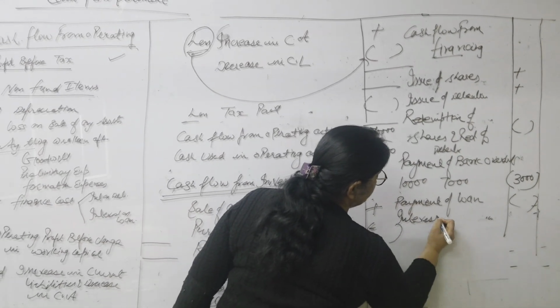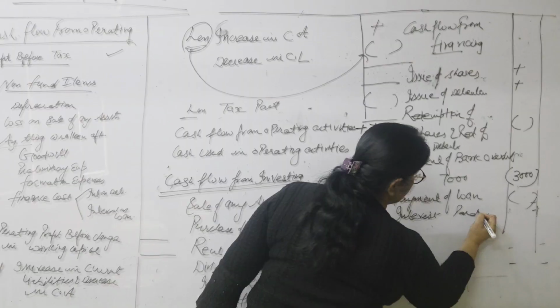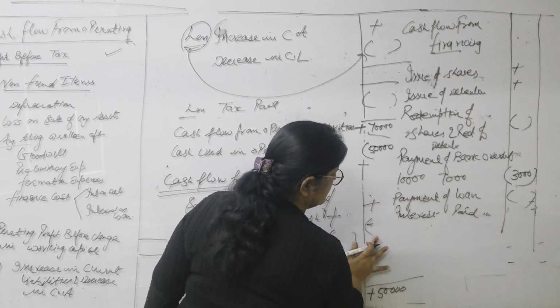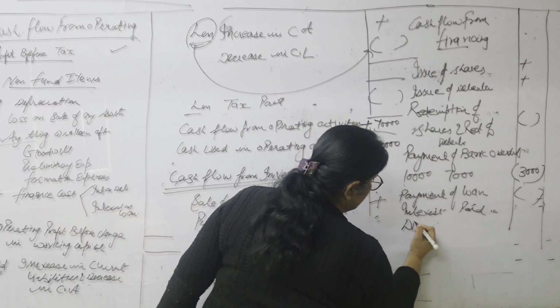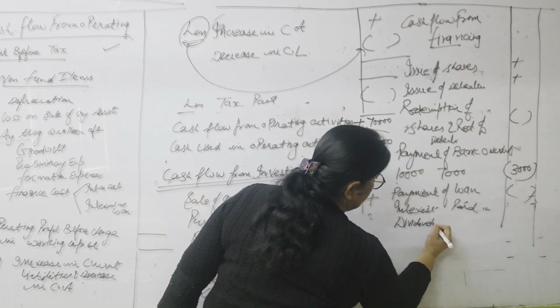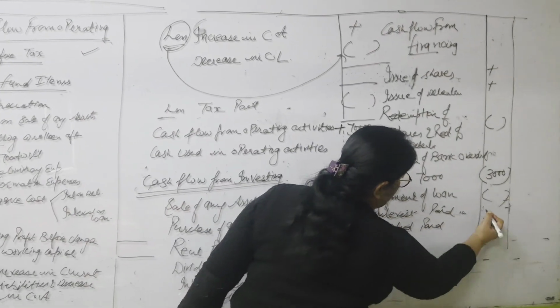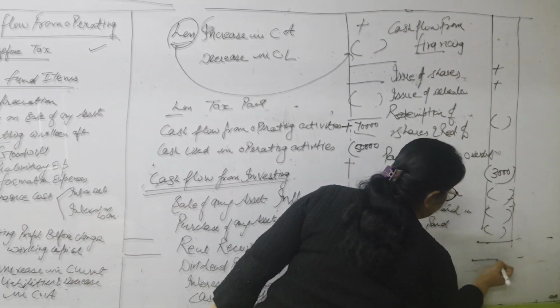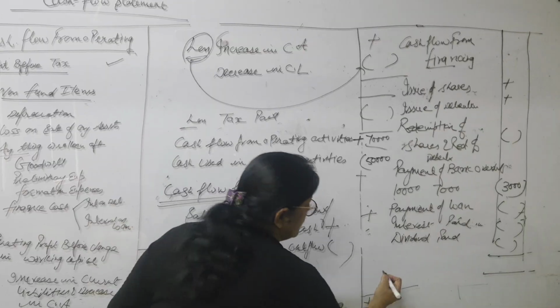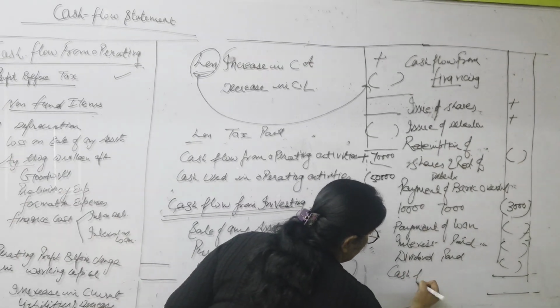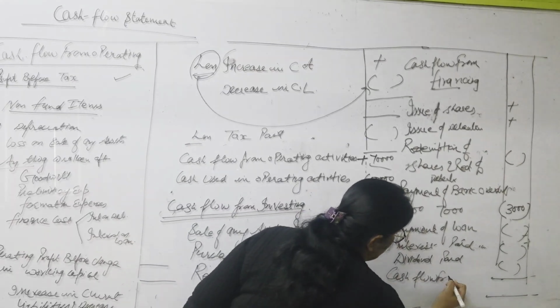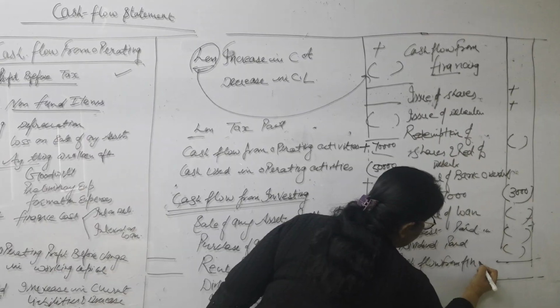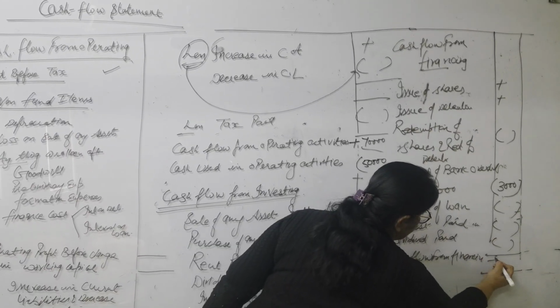Interest paid. Dividend paid. This is cash flow from financing.